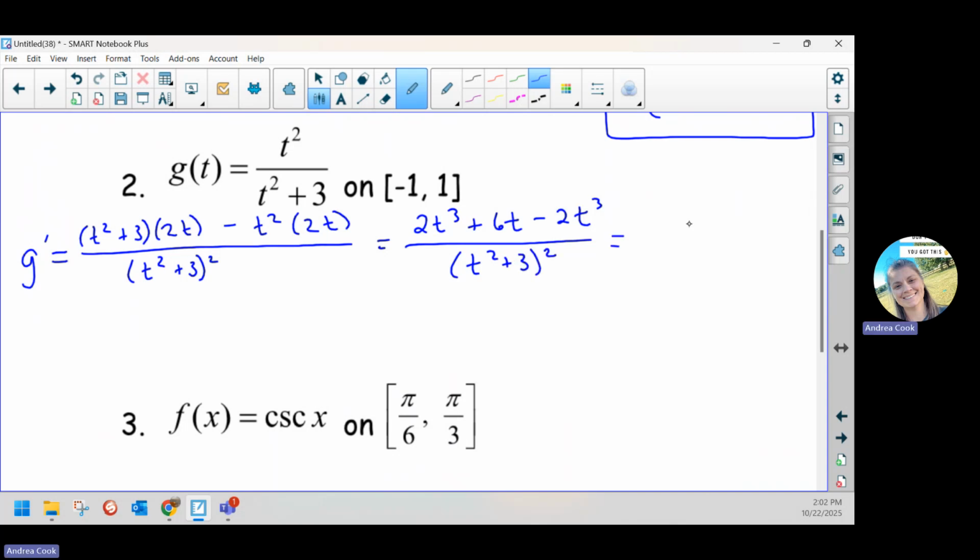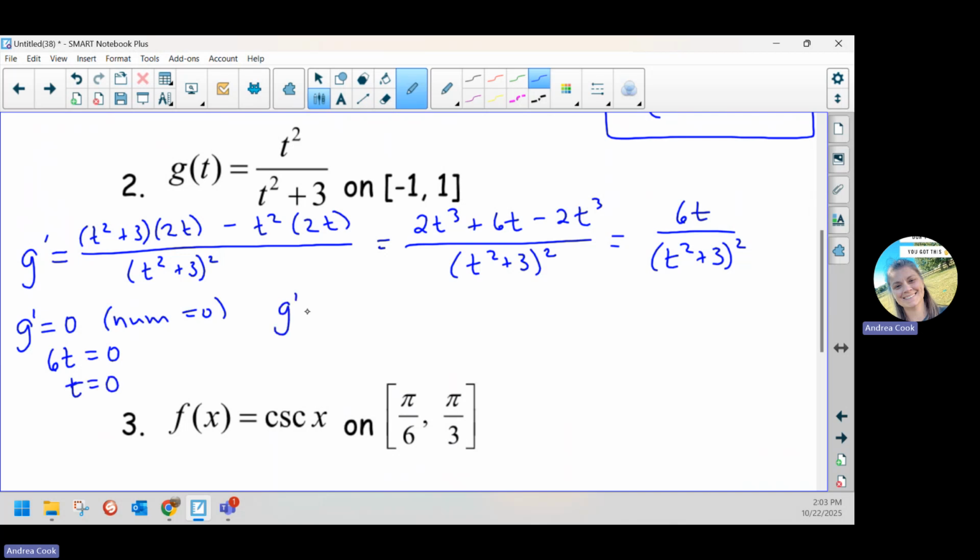So that's going to simplify to 6t over. So we're going to find where the derivative is equal to 0. And when you have a fraction, that's where your numerator is equal to 0. So I'm just going to set the numerator equal to 0, and I get t equals 0.